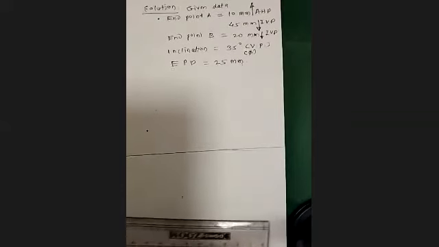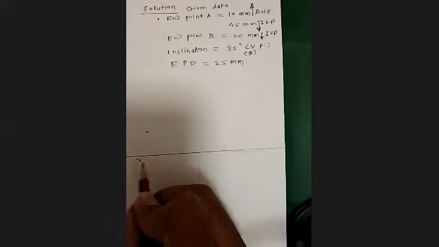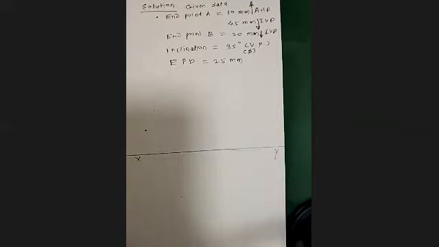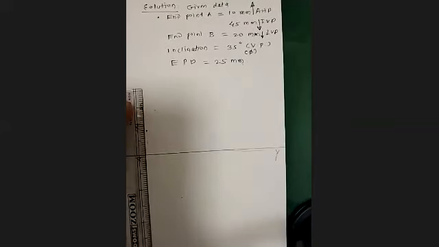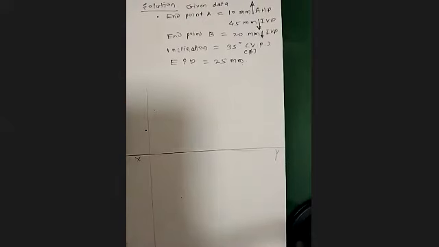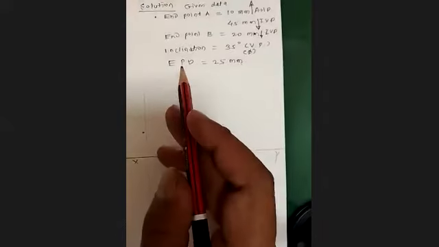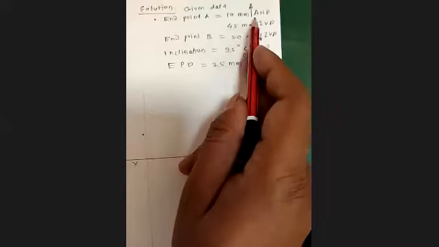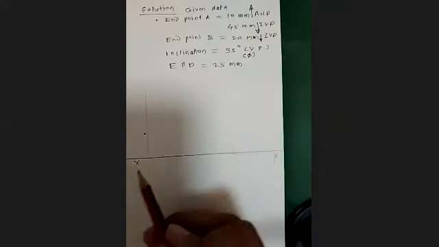Name this line as the XY line. Then immediately draw a line perpendicular to the XY line from the left side, on which I can mark the endpoint A, 10 millimeter above HP, 45 millimeter in front of VP.